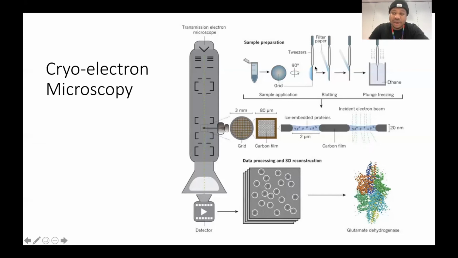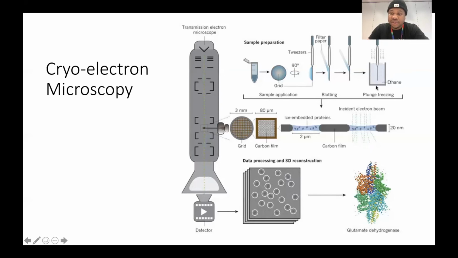We then apply the protein sample onto the grid and then remove excess protein using filter paper, and then we freeze the protein that's left on the grid using liquid ethane.